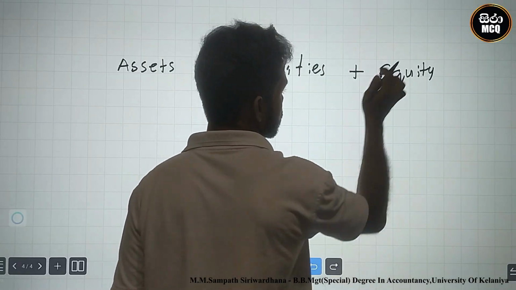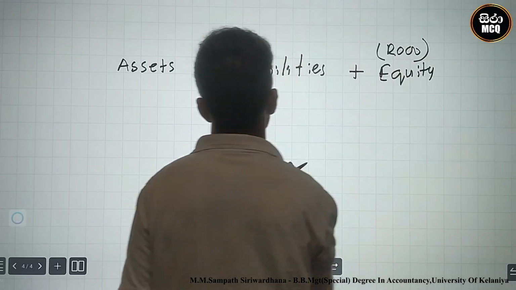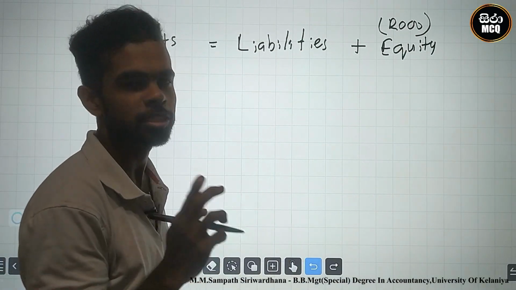All of this question is in thousands of rupees, so we must cut 3 zeros.